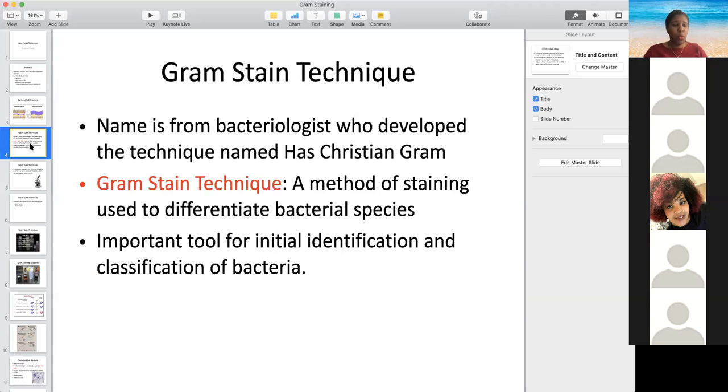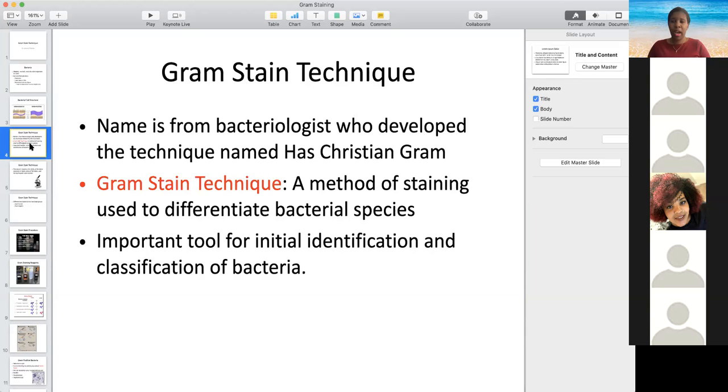If you went into a lab and you had an unknown culture of bacteria, one of the first things that we can do to try to identify what's in this culture is Gram stain it. It's a very quick process. It takes about 5 minutes. And it's an important tool for initial identification and classification of bacteria.